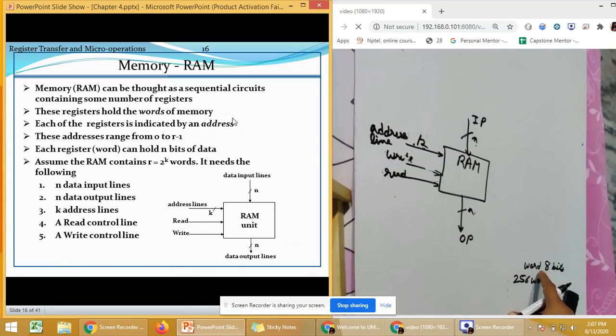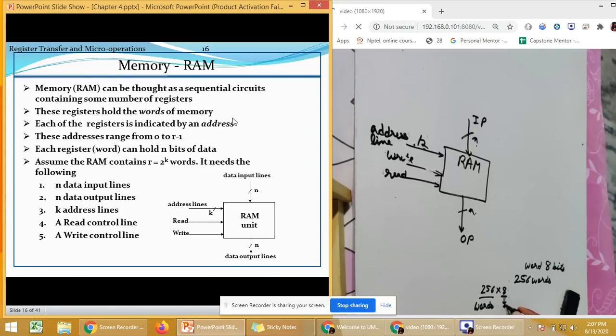There are 8 bits in one word, and there are 256 words in total in the memory. So what will be the total capacity of that memory? It will be 256 into 8, where this 8 represents how many bits are there inside one word, and this represents how many words are there.